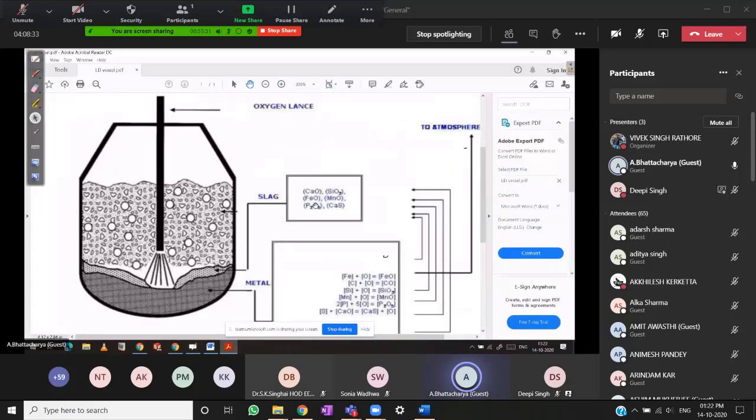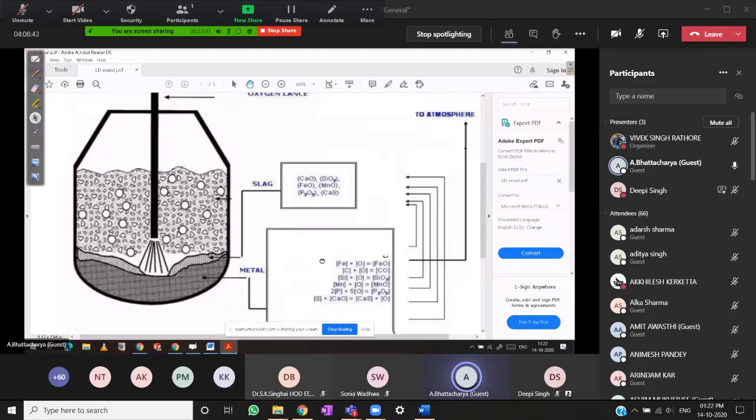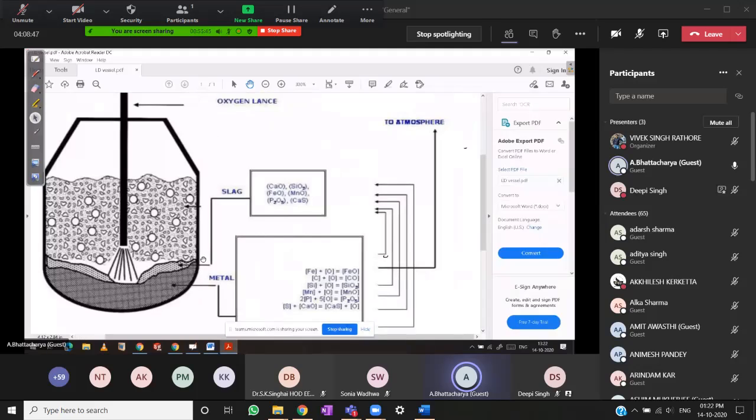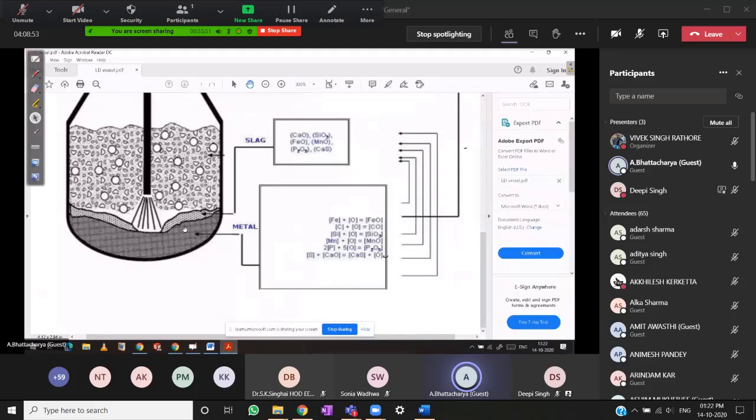These are the impurities which go away. These are the slag, that is the metal, and the gases go to the atmosphere. What is left is pure steel. So this is hot metal, this is steel.